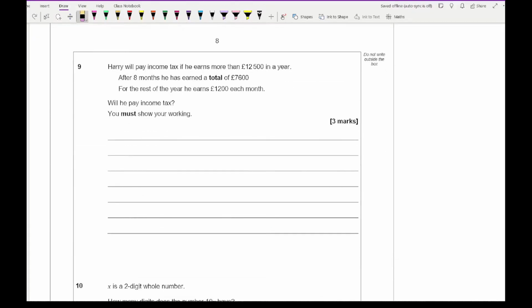So looking at question 9, it says that Harry will pay income tax if he earns more than 12,500 in a year. After 8 months he has earned a total of 7,600, and for the rest of the year he earns £1,200 each month. Will he pay income tax? So what we need to do is work out how much he gets paid for those 4 months. So we've got 4 times 1,200, which is 4,800. I then need to add that to 7,600.